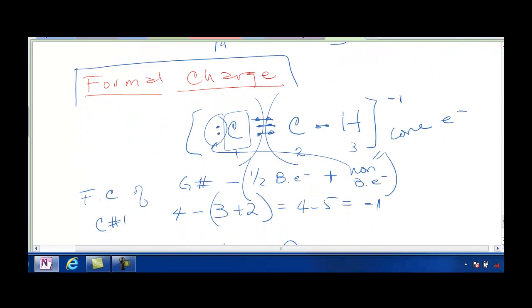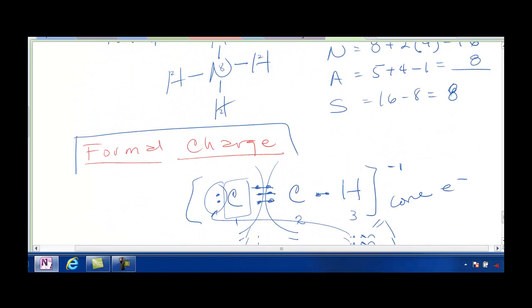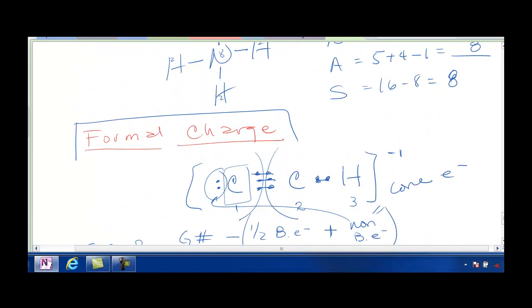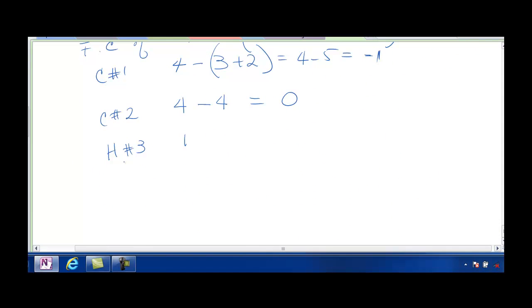Whenever I have a double bond, go dot, dot, dot, dot. Whenever I have a single bond, just go dot, dot. That's half, and the other half by half. Let's do it for the third element, hydrogen. Group number 1, half of the bonding, 1, and no lone pairs, so the formal charge there is 0.